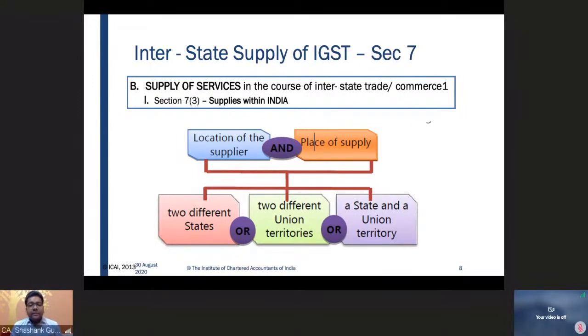Again, more or less the same thing: the location of the supplier and the place of supply are in India, but they are in two different states or two different union territories, or one of them is in a state and the other in a union territory. So the location of the supplier has to be in a different state or union territory from the place of supply. But both of them have to be in India.